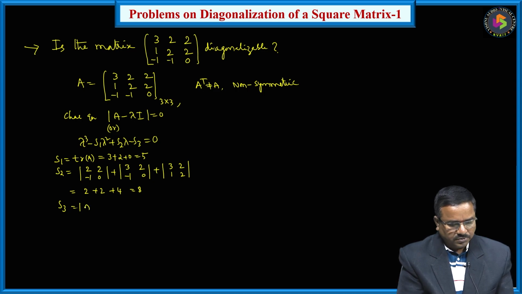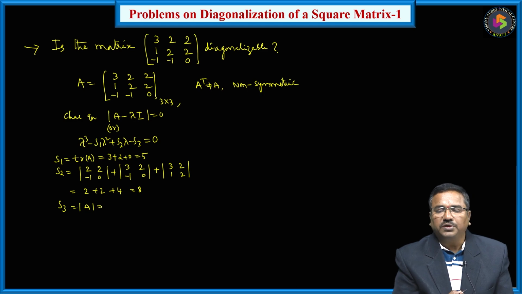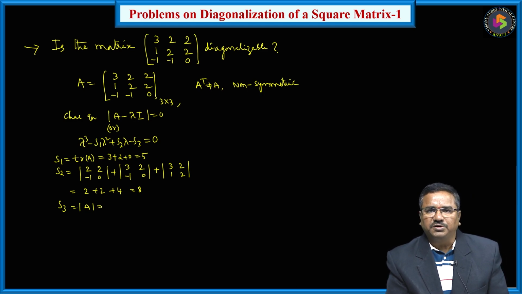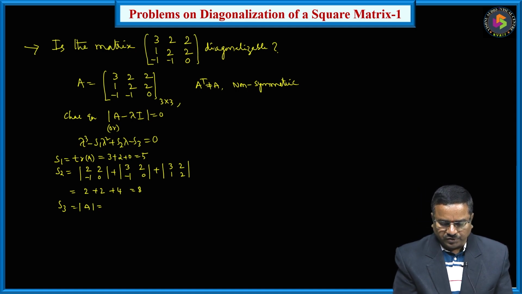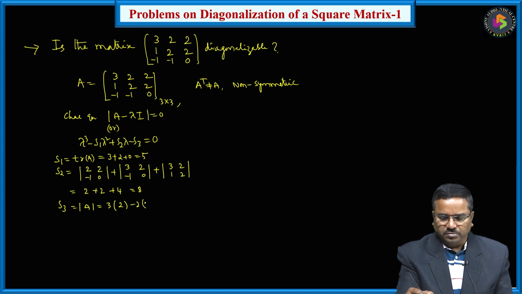Now S3 you can calculate: the determinant of the matrix. What is the determinant? The sum of products of elements of any row or any column with the corresponding cofactors. With respect to the first row we will do. So, plus minus plus: 3 times 0 plus 2, we get minus 2, 0 plus 2.